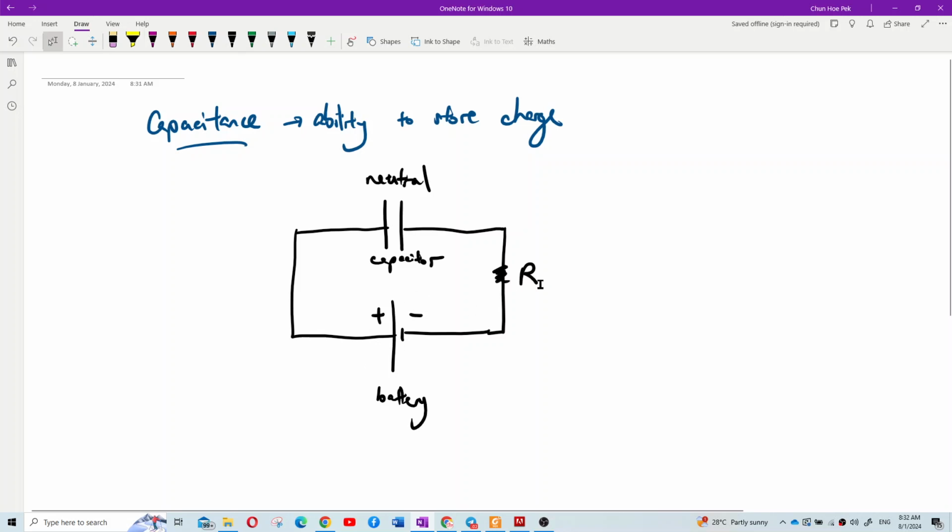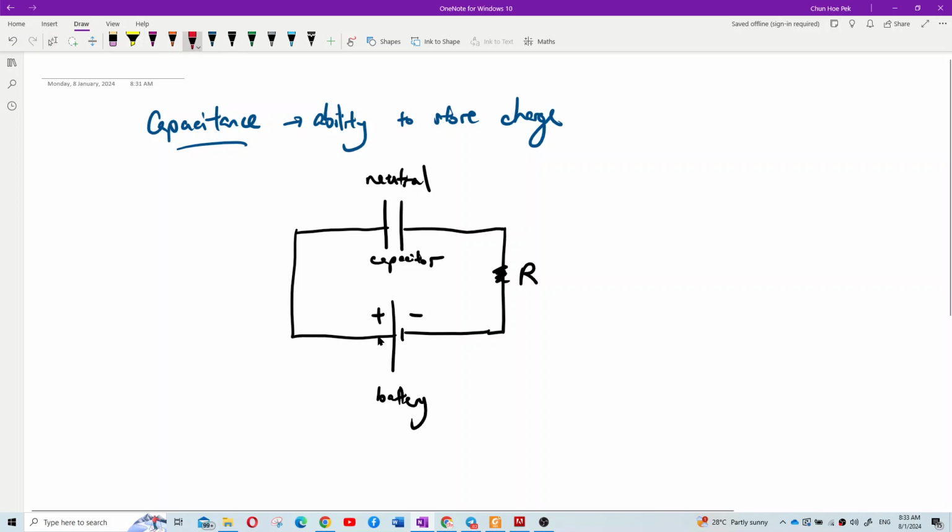We have a resistor there to reduce the current flow in the circuit, so that the capacitor does not charge too quickly, does not short circuit, and does not burn off.